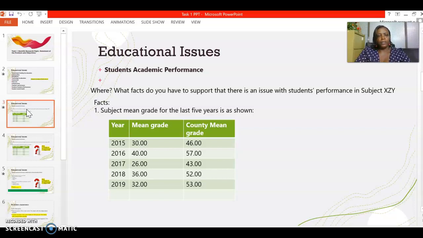This shows that the mean for 5 years was below the county mean, and that can tell you already there's a problem in the performance of that particular subject in that particular school, which I'm calling Fraha Secondary School.